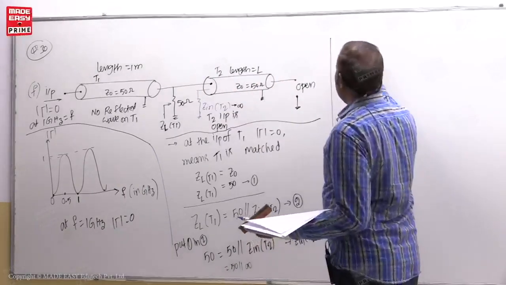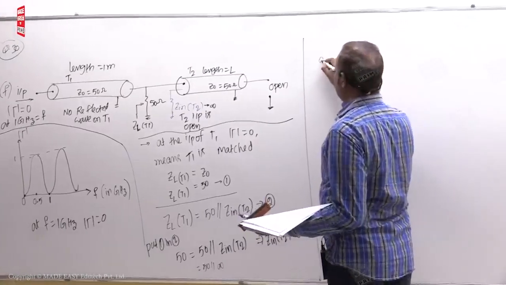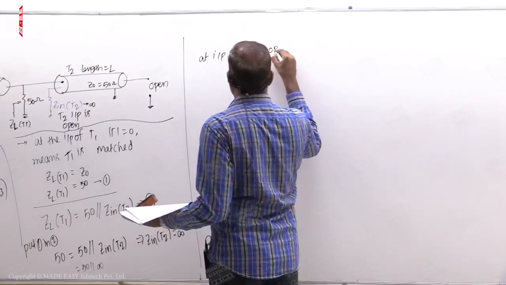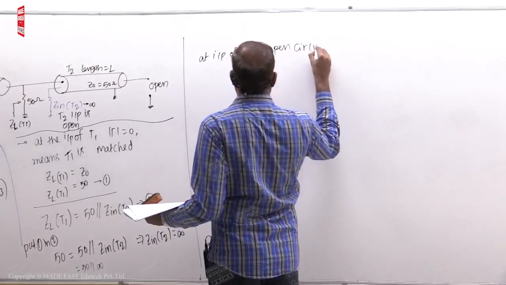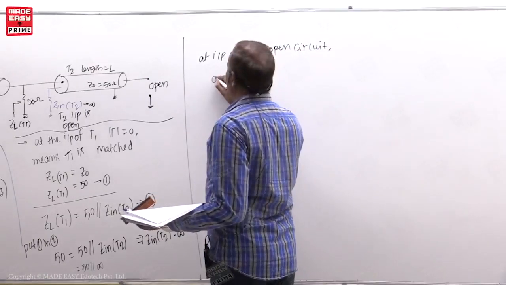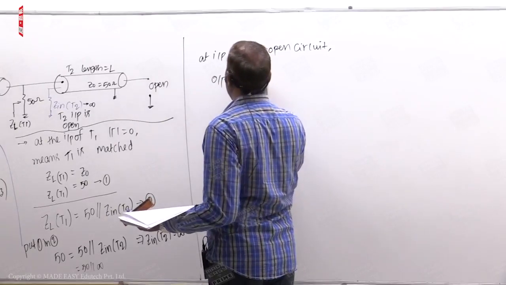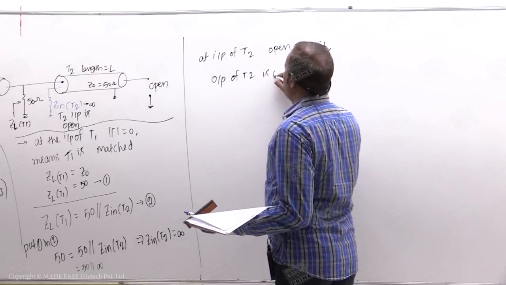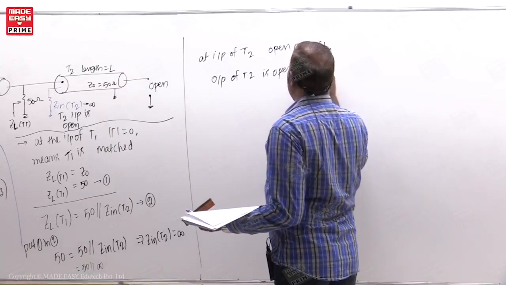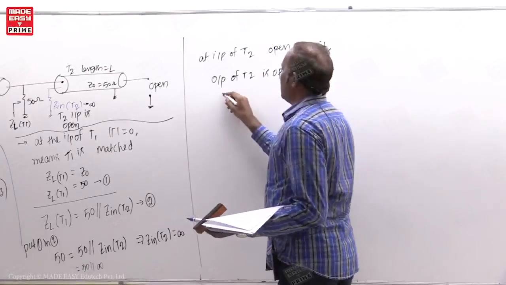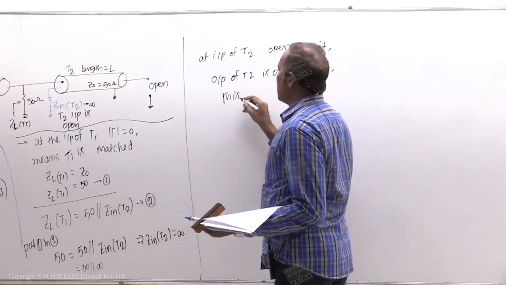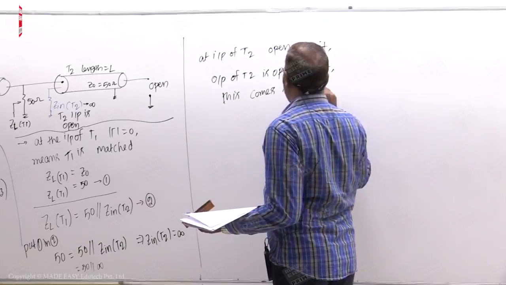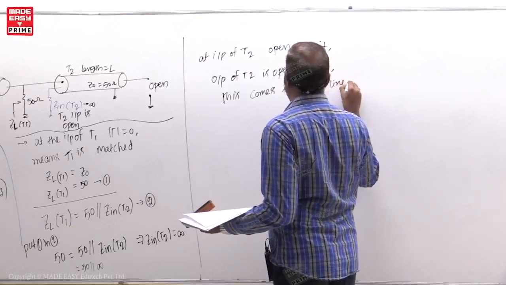So T2 should have an open circuit at input of T2 and at output of T2 the transmission line is open circuit. This comes for lambda by 2 transmission line.